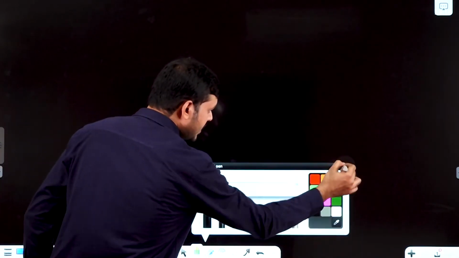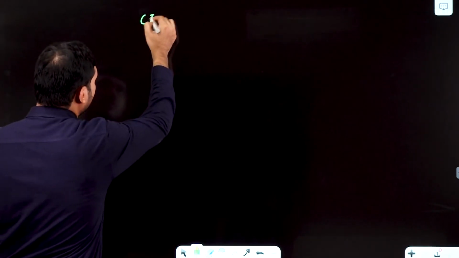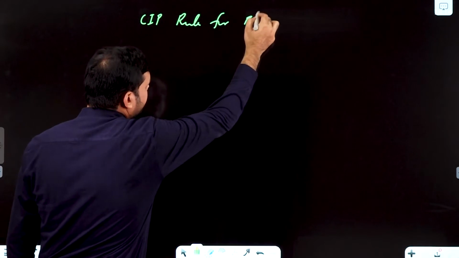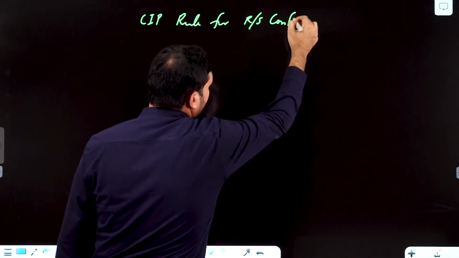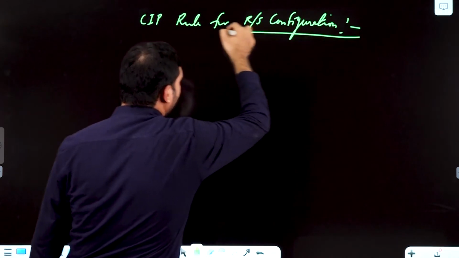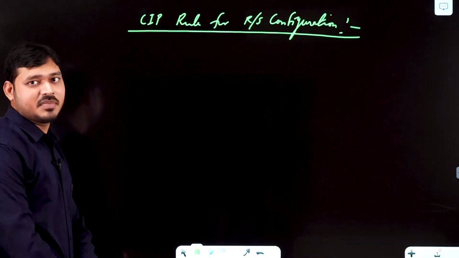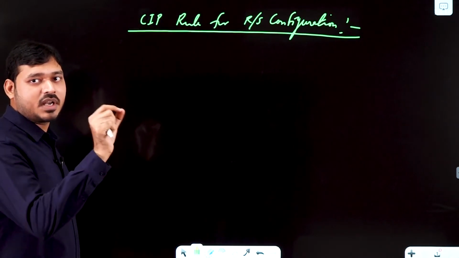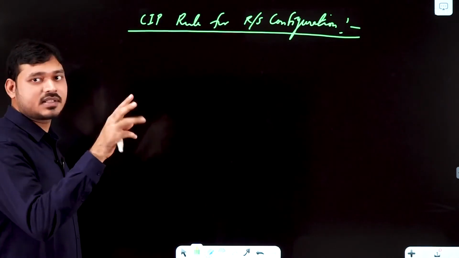a priority order decision. CIP rule for RS configuration. This is one of the methods of naming enantiomers, to name a particular chiral center through RS configuration.